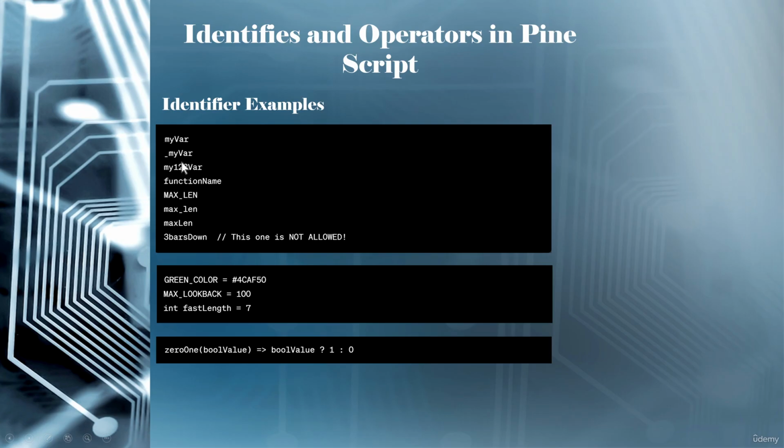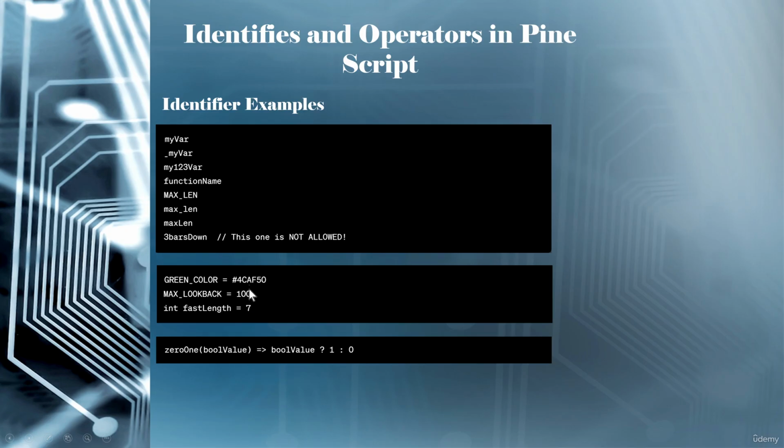All these, myvar, underscore myvar, etc. are valid identifiers, except the last one, and this is not allowed because it starts from a number. All identifiers must start from a letter, capital letter or small letter, and can contain only numbers, letters, or the underscore character.